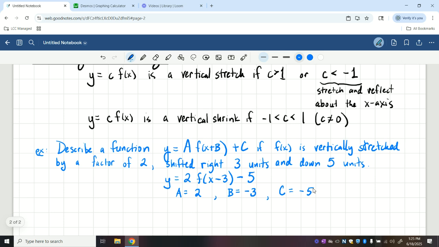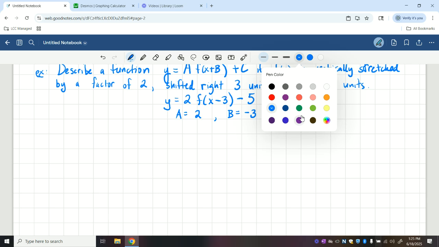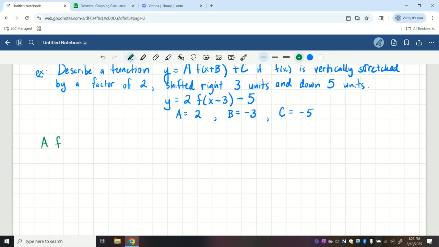Okay. Last thing, talking about symmetry, and I think we're going to talk about even and odd functions a little bit more later, but here's the definition for even and odd functions. A function is even if f of the opposite of x equals f of x.